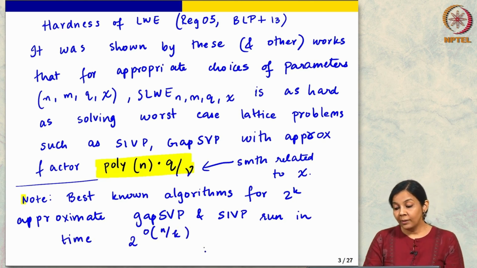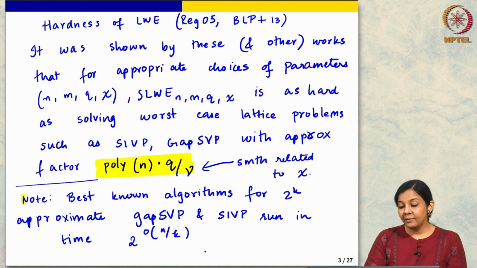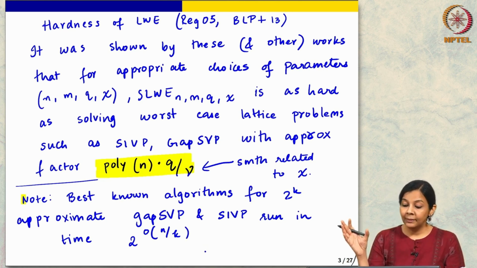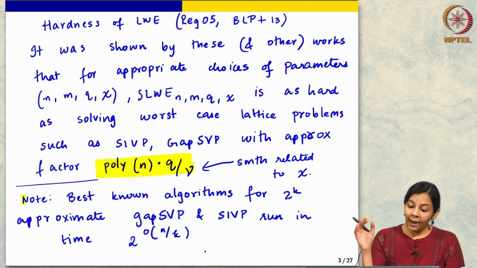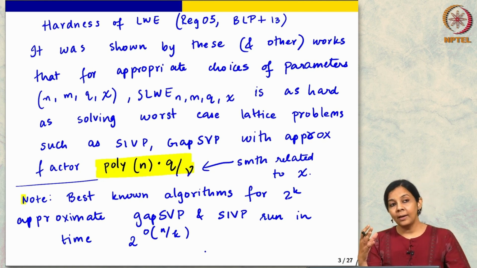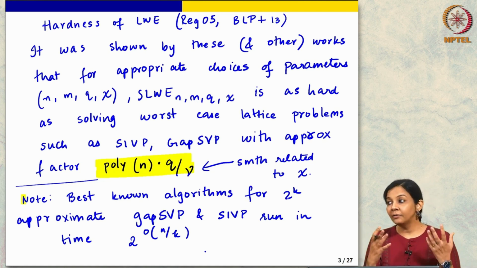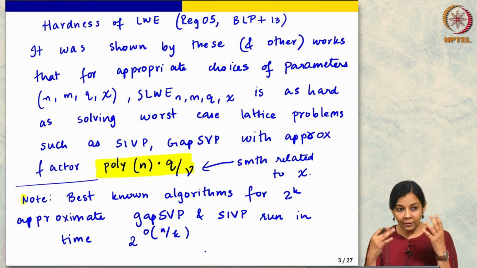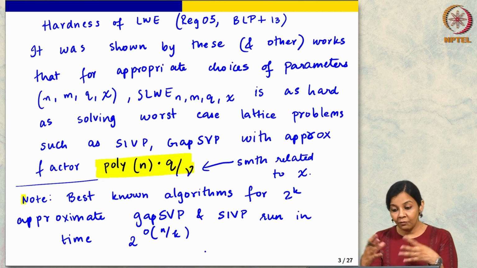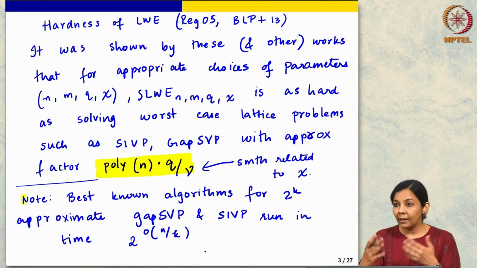Okay. So, you can see that as the approximation factor gets bigger, so as k gets bigger, okay, the time to run these algorithms will get smaller. So, that is why when I assume the hardness of LWE with such parameters that this underlying approximation factor becomes very large, then I have to worry.